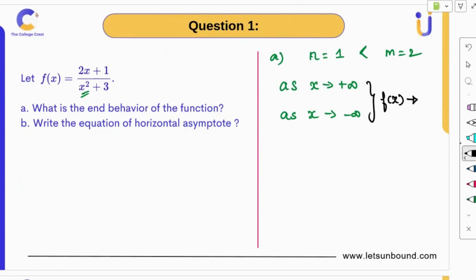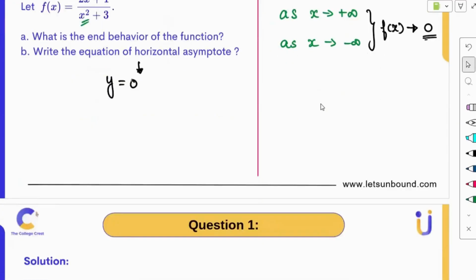F of x will approach 0. It's a fixed 0. That means x-axis. That is the end behavior. Now, write the equation of the horizontal asymptote. Horizontal line is always y equal to a number, and whatever we got here, we can put that. That's simple.